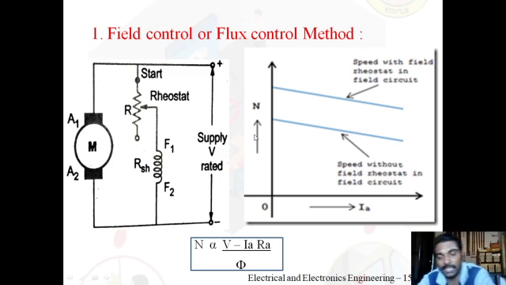Here let us see the variation of speed with respect to load. In the y-axis, the speed is taken, represented in RPM. In the x-axis, the armature current is taken, which is nothing but a variation of load. So what happens to the speed of a DC shunt motor when the load changes with different values of R? That we have to see.